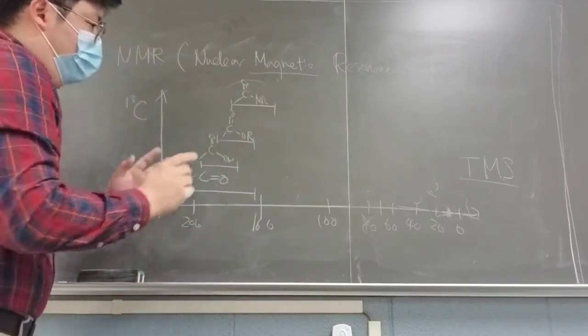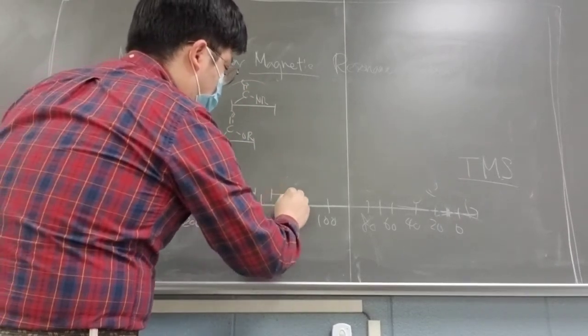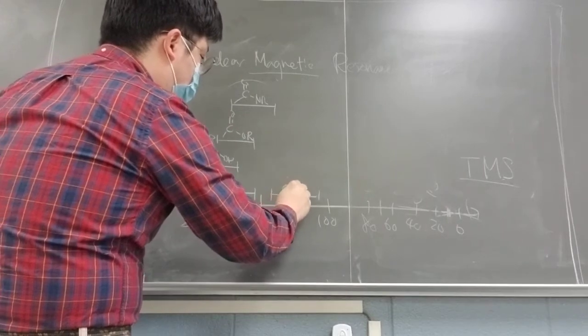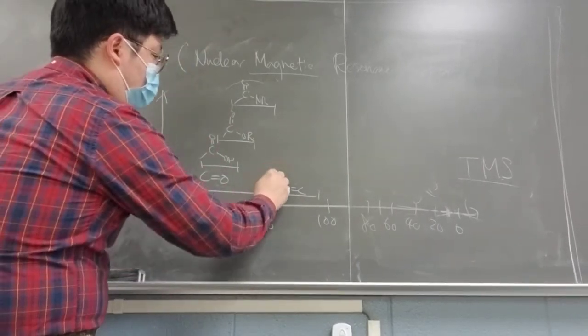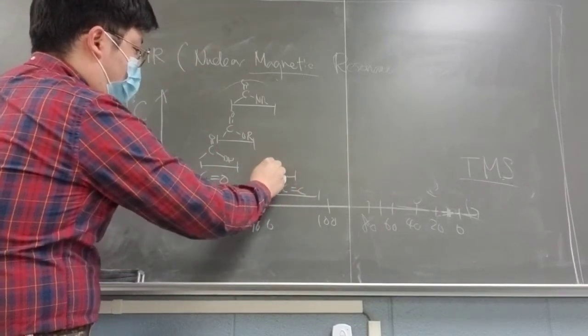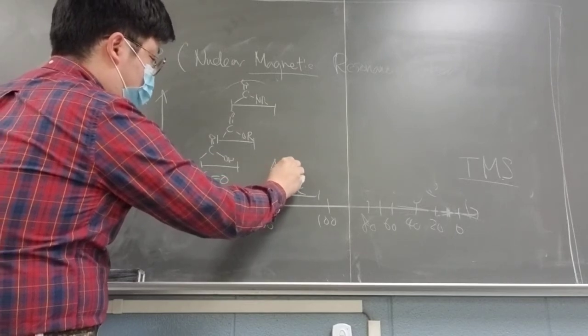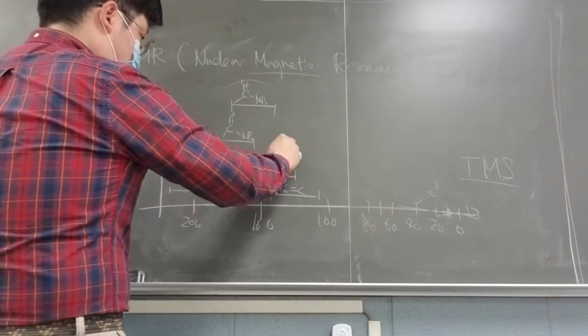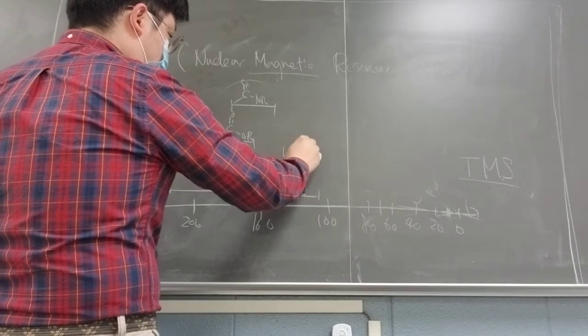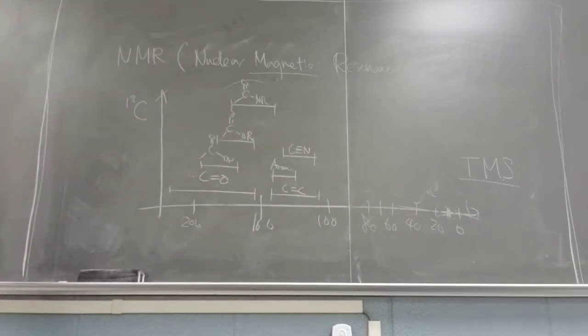And then here's where you can find some carbon double bond. And this is where you can find some aromatic ring carbons. And this is where you can find some carbon-nitrogen triple bond over there.